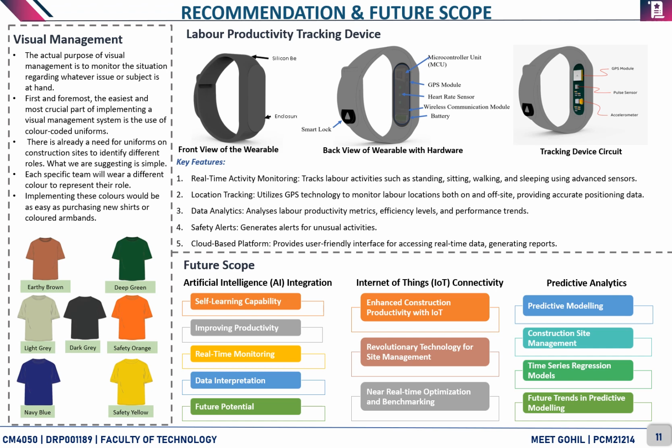Internet of Things connectivity enhances construction productivity with IoT, a revolutionary technology for site management and near real-time optimization and benchmarking. Predictive analysis consists of predictive modeling, construction site management tools, time series regression model, and future trends in predictive models that help to predict the nature of the construction project.